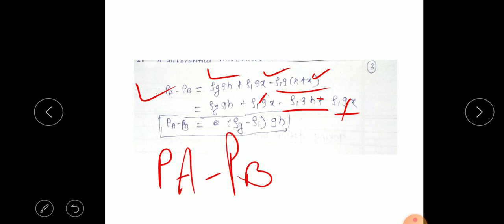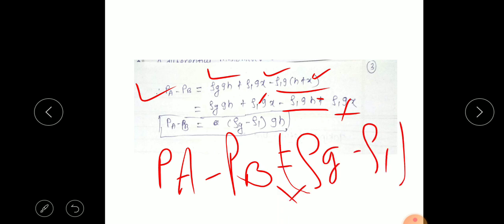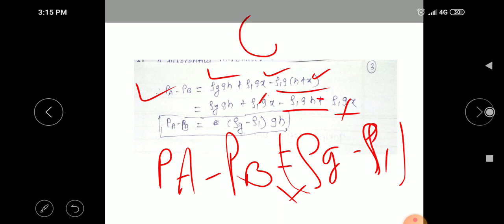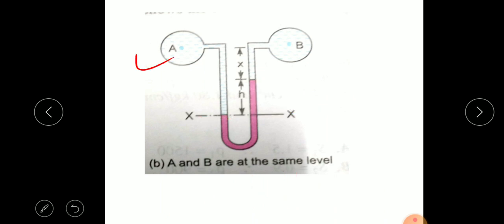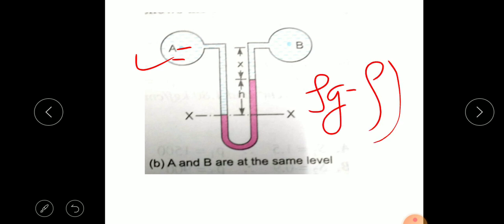PA minus PB is equal to simply the density difference of the two fluids into H. This is when the density of the fluid in the pipe is the same: (rho G minus rho 1) into simply H. So when we have to measure the pressure difference between two points at the same level, in different pipes or the same pipe with the same fluid passing, the pressure difference is simply (rho G minus density of the fluid) into G and the difference of mercury level.